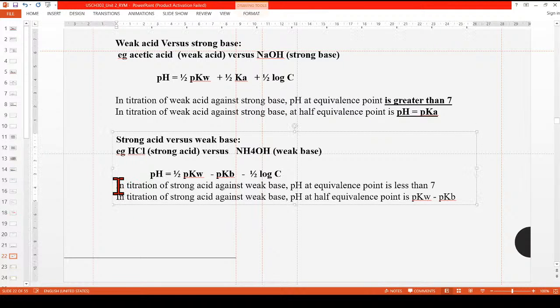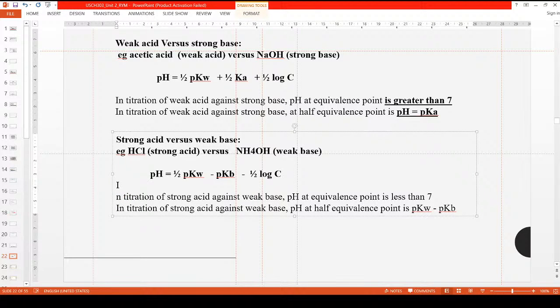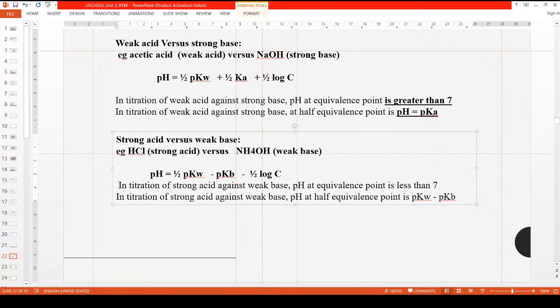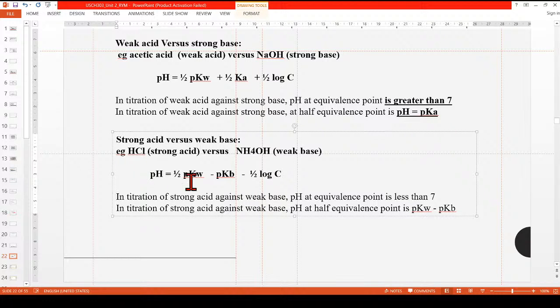And in this type of titration, the pH at equivalence point is less than 7.